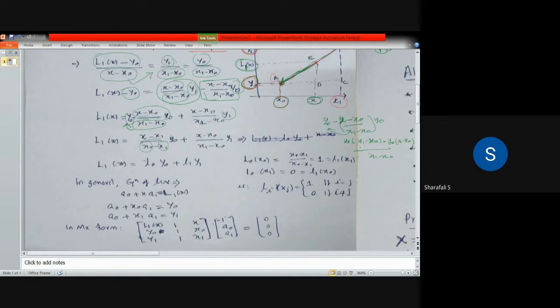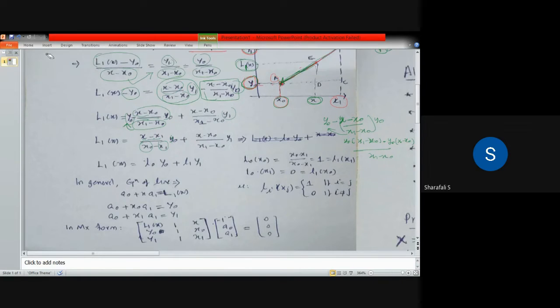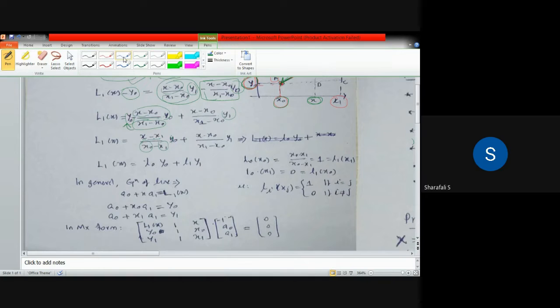So if you rearrange these terms, we can write the equation as x minus x1 by x0 minus x1 into y0 plus x minus x0. That term remains as such. Only the first term is going to change because we are cross multiplying that with y0.